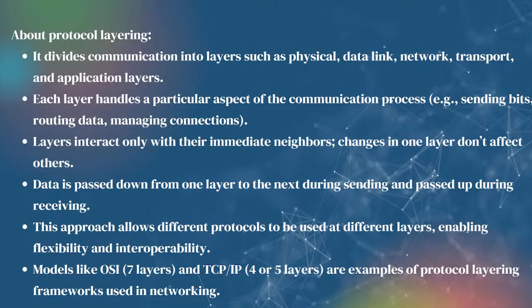Again, we are talking about 7 layers in OSI, and TCP has 4 layers. Somewhere you can see 5 layers, but majorly there are only 4 layers according to the computer networks textbook, which I prefer, Andrew Tanenbaum's textbook. In that also you can see the 4 layers.